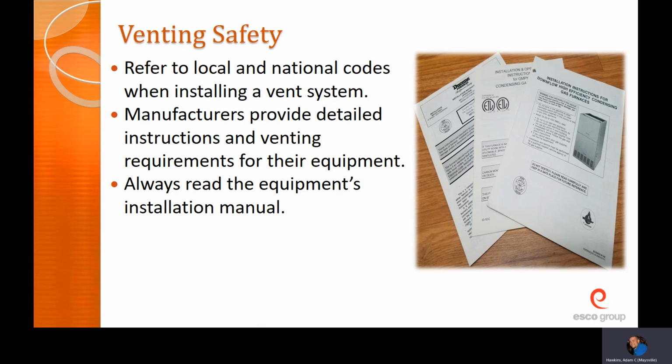Those are both national guidelines, the International Code Council books, but always go by the manufacturer's literature if possible, because those books should follow, if not exceed, the requirements of the national codes and state codes. So always go by those first, at least from my experience, and then you can also look at local codes.